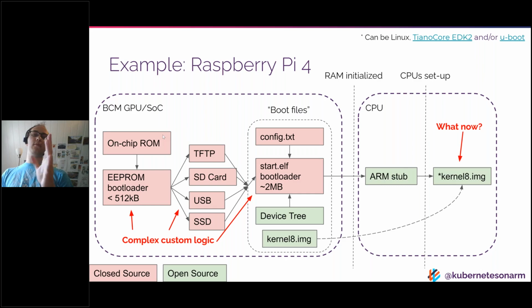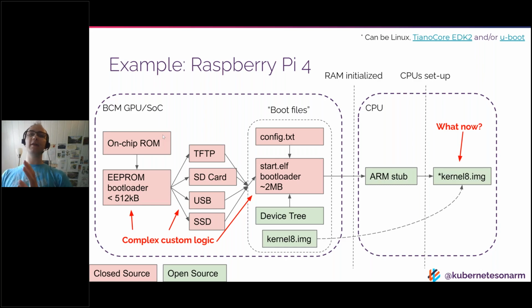Then this EEPROM bootloader can get the next boot files from TFTP, so the network. This TFTP uses UDP. Then it can also get the boot files from the SD card, USB, SSD, a lot of other things. I think even NVMe these days.